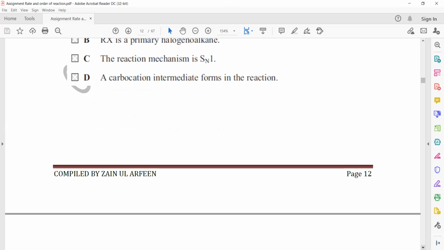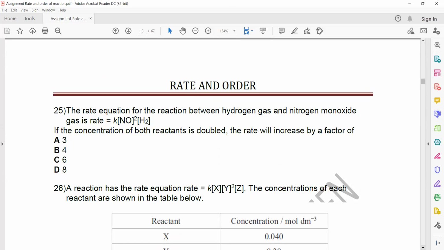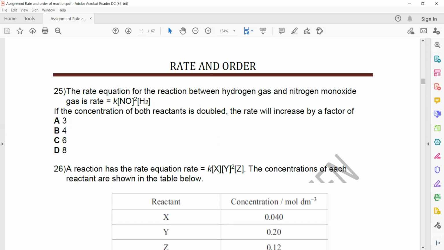And 25, the rate equation for the reaction between hydrogen gas and nitrogen monoxide is shown. If the concentration of both reactants double, how does the rate change? That will be 8. So D will be the right answer.